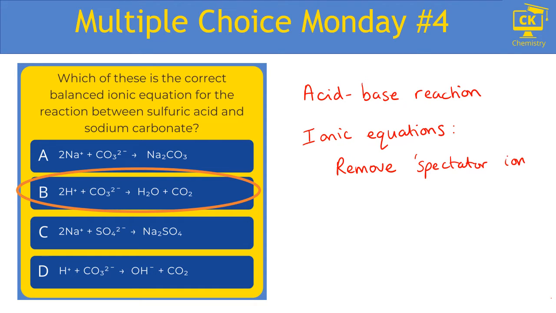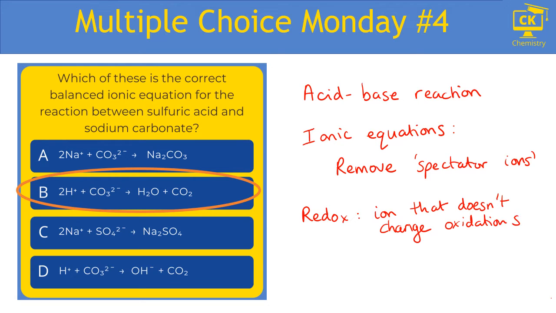But it's not always perfectly clear what a spectator ion is, and it changes depending on the nature of the chemical equation. So if I was doing a redox ionic equation, then a spectator ion is an ion that doesn't change its charge or oxidation state. So I'll write oxidation state.